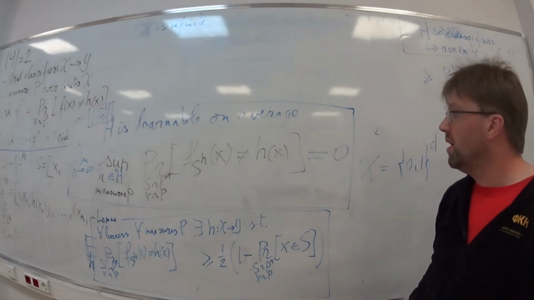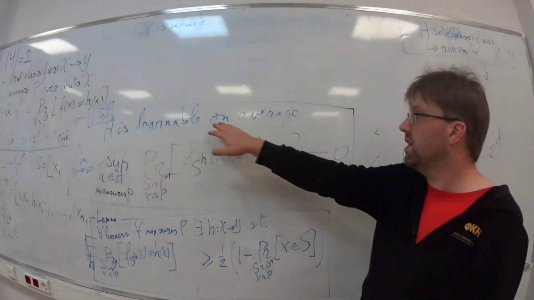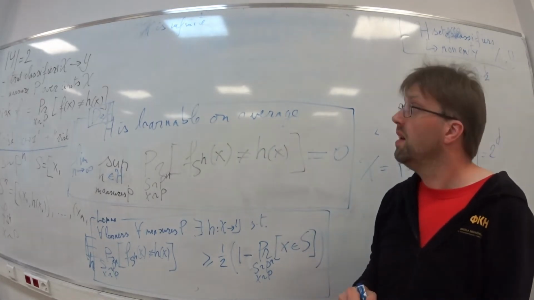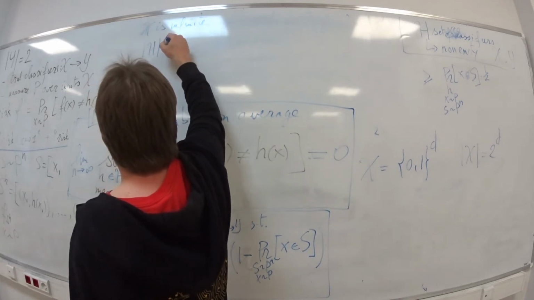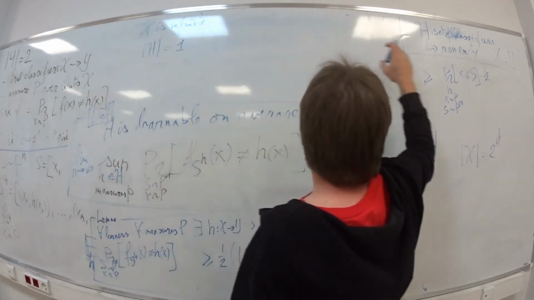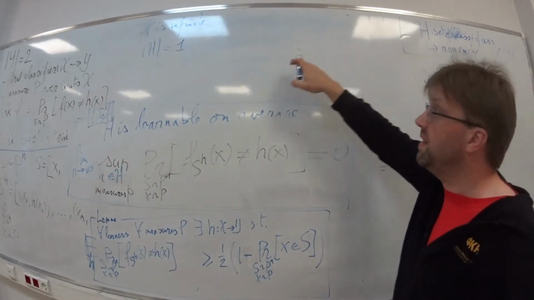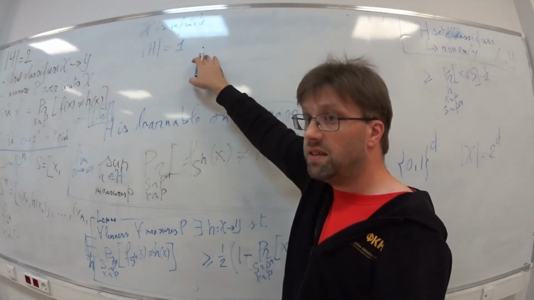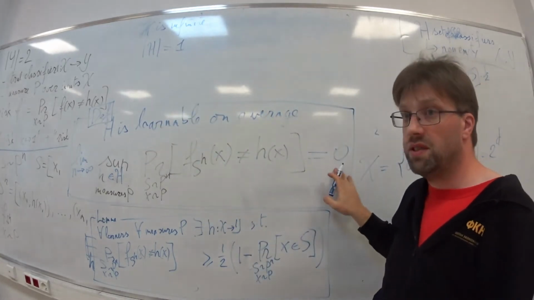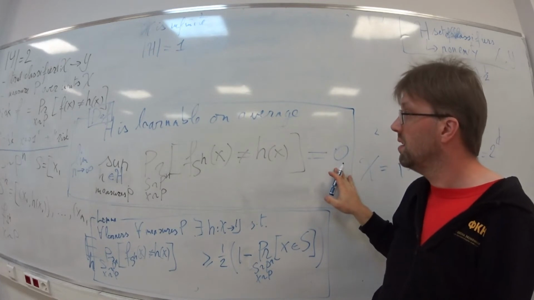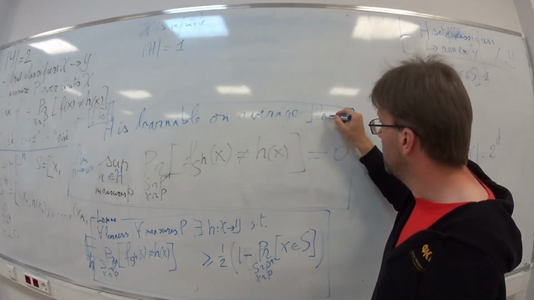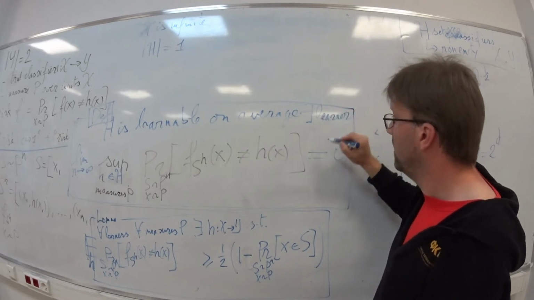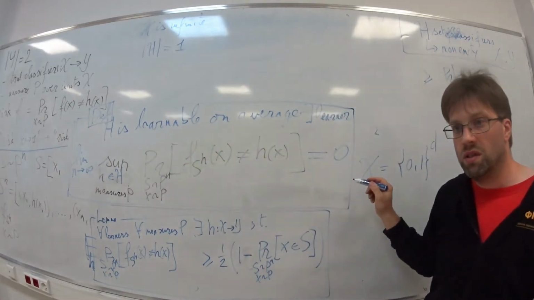Okay. Now let us look at classes that are learnable on average. I claim that if H contains only one classifier, then it's learnable on average. So here, sorry, the condition is that there exists a learning algorithm, a learner, for which this is true.